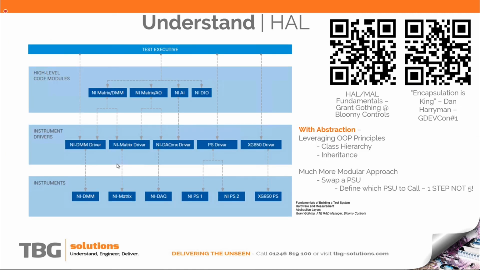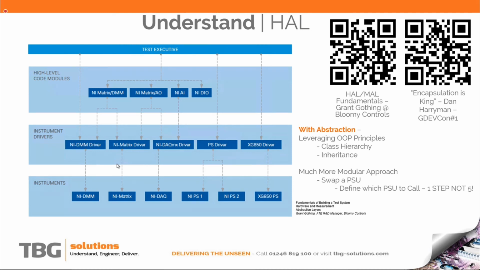Where we start to get into more of an abstracted hardware layer is where we're looking at leveraging the object-oriented principles, things like class hierarchy, dynamic dispatch, and inheritance, whereby we're not clumping everything all in one VI. We're modularizing the code. We're breaking it out into, okay, this is dedicated for a power supply, this is dedicated for a DMM.